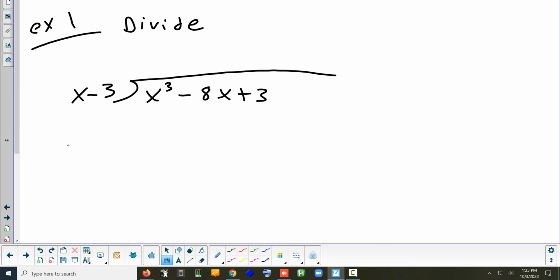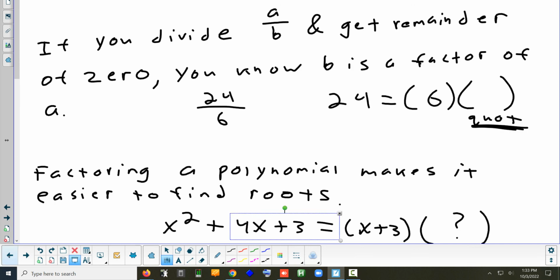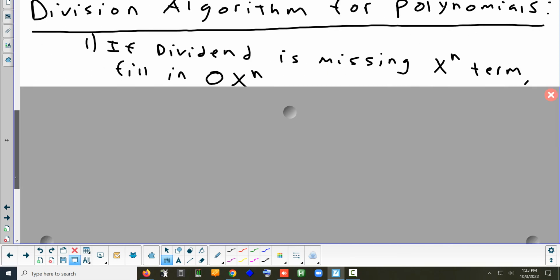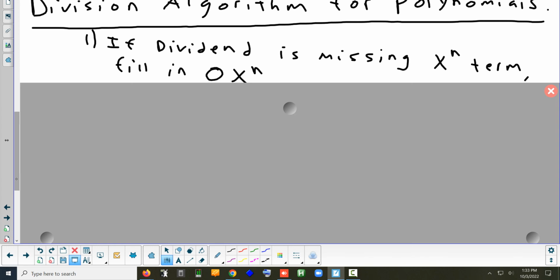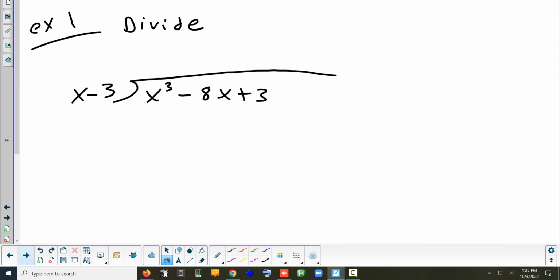So I need to have every exponent from 3, 2, 1, and 0. If I'm missing one, then I'm going to fill in a 0 for that term. Is there any terms I'm missing in my dividend? In this case, yeah. I'm missing the x squared.